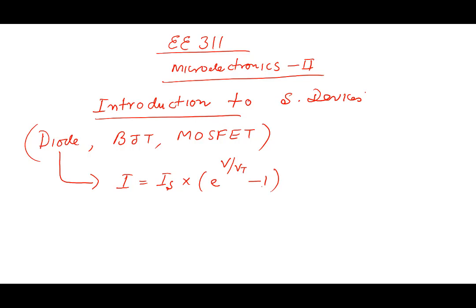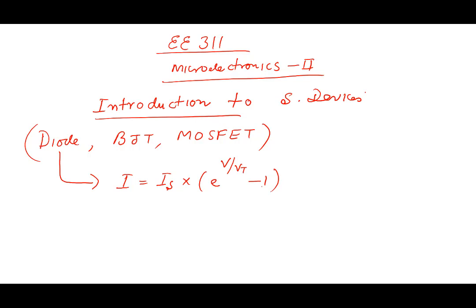Right? This diode equation tells us how the diode behaves with an exponential forward bias characteristic, and in reverse bias is more or less independent of voltage. So what do you want to know? We already have a diode equation. What more do you want to know about a diode?